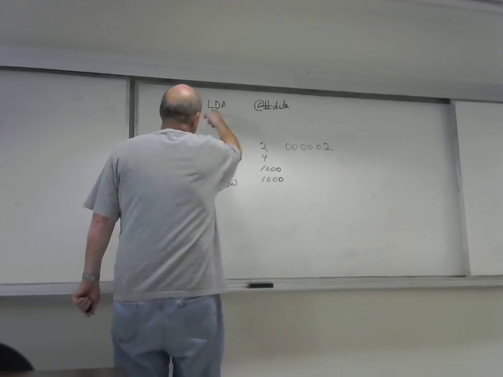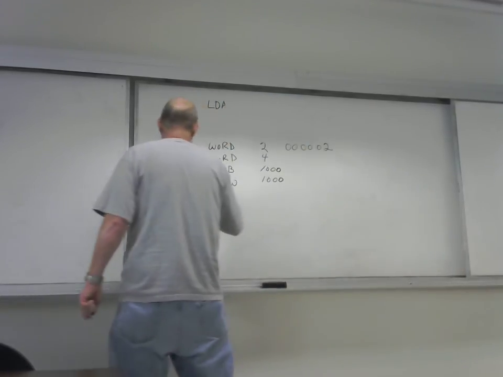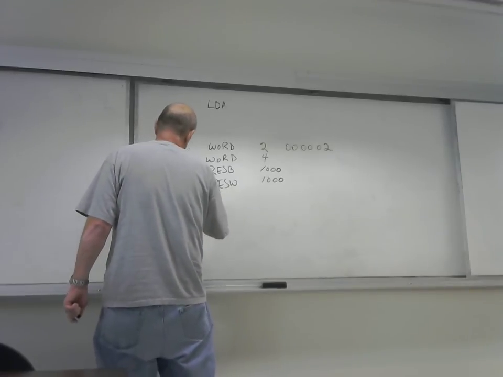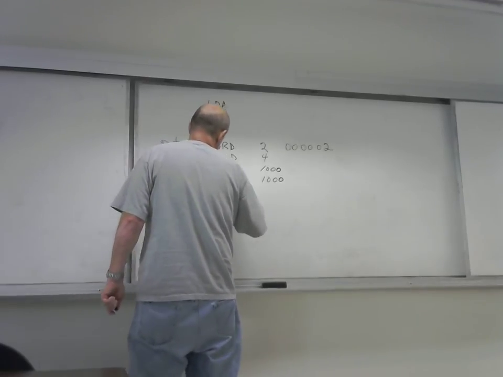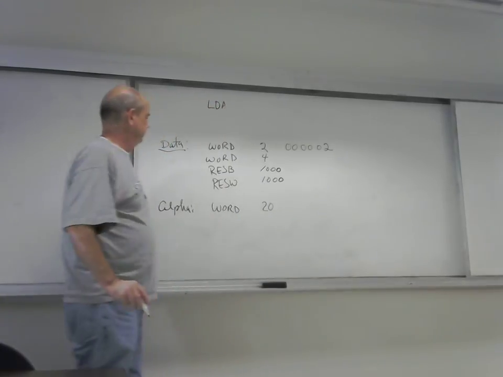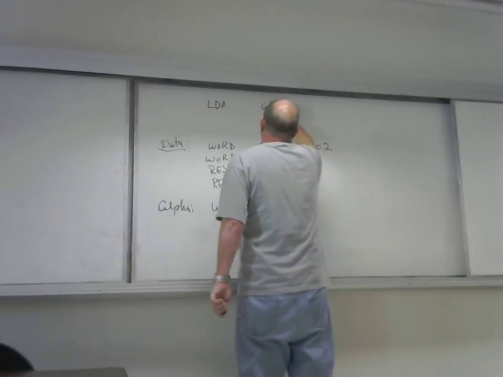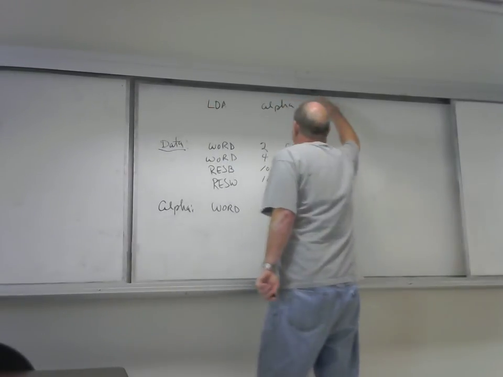All right, so you have LDA, and suppose down here I have alpha WORD 20. Okay. So the assembler is here.